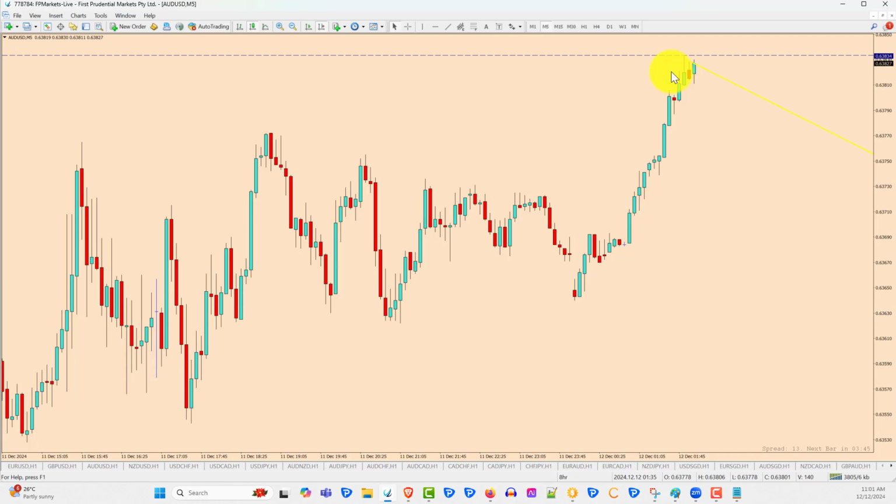How would you know if it's a double top or a breakthrough? It's going to be the way that the candles react. I'll show you. Obviously right now it's looking like a breakout, but we'll see how we behave.